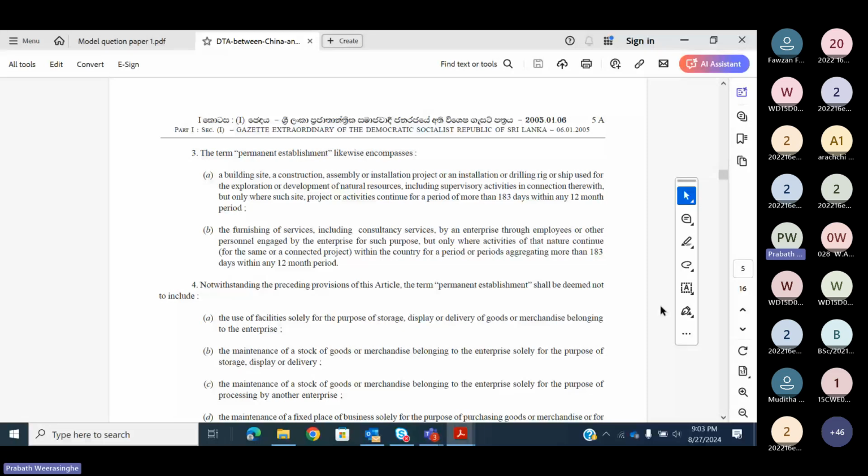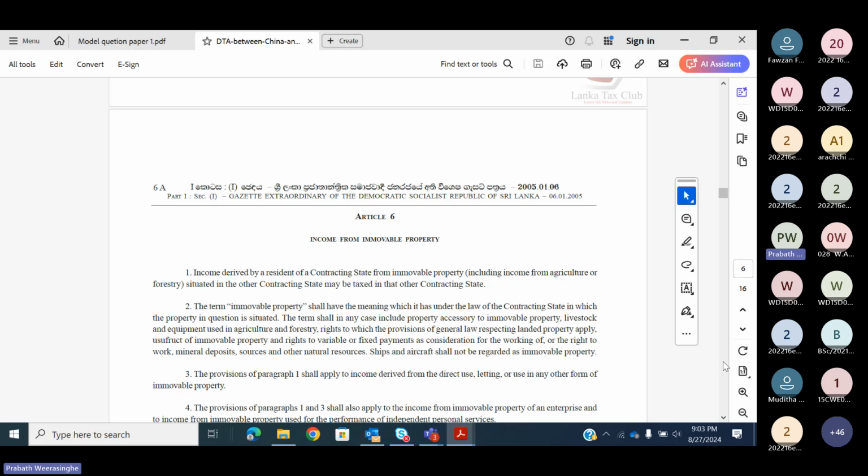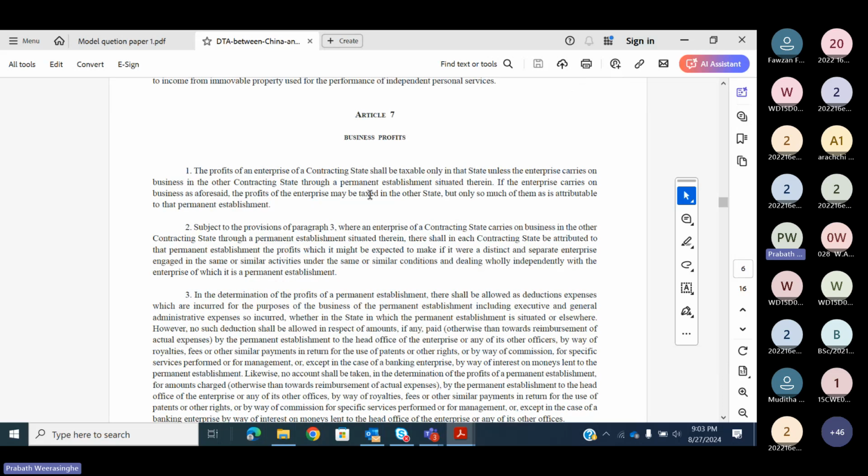Then Article 7 says business profits. It says the profits of an enterprise of a contracting state shall be taxable only in that state unless the enterprise carries on business in the other contracting state. So remember, this is always related to the enterprise. Thereafter it says the permanent establishment shall be treated as a separate entity and separate enterprise, similar to independent entities.